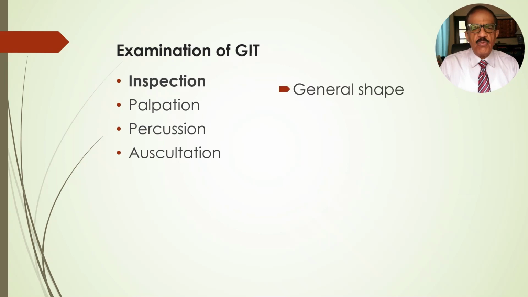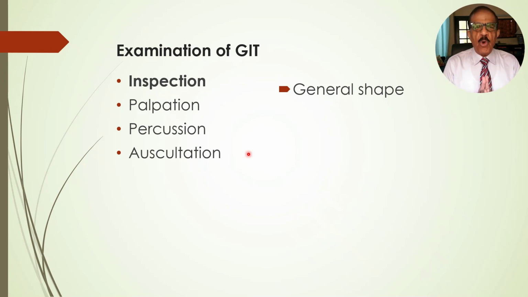In inspection, you would see the shape of the abdomen. Depending upon your build, your abdomen could be flat, or scaphoid, or prominent, protuberant. That is because of your body weight. But if there is any other abnormality in shape, you would like to make a note of that.